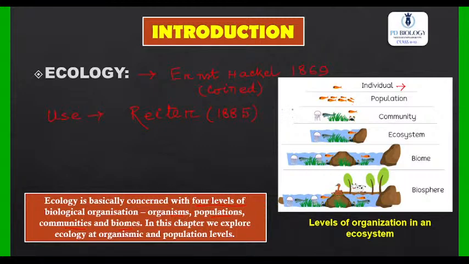So the individual organism is the basic unit in the ecological hierarchy. You know the linear hierarchy. So this is the hierarchy and this is the basic unit.